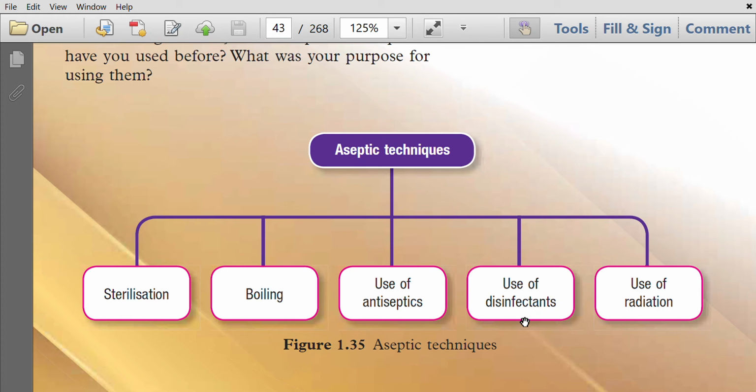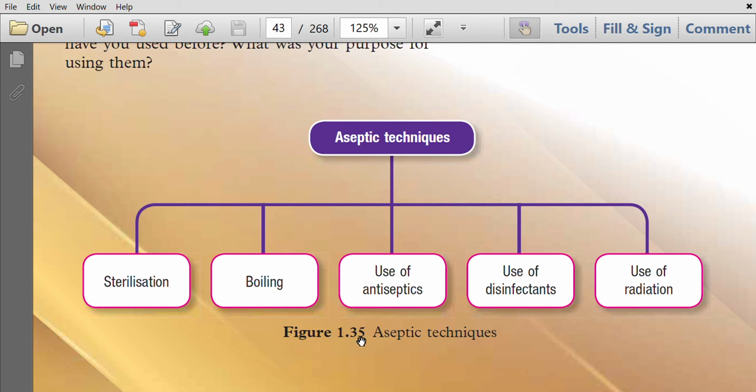Number 4, use of disinfectant. This is the cleaning agent or cleaning liquid that we use for cleaning our toilet and our floors. And number 5 is the use of radiation. Ya, menggunakan sinaran. So these are the 5 aseptic techniques.